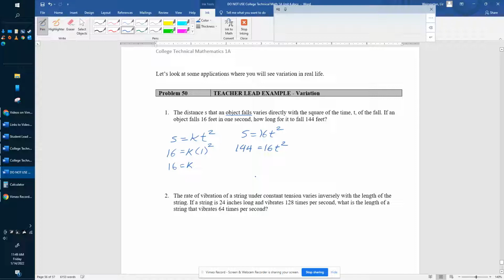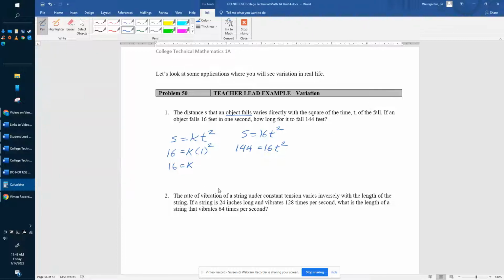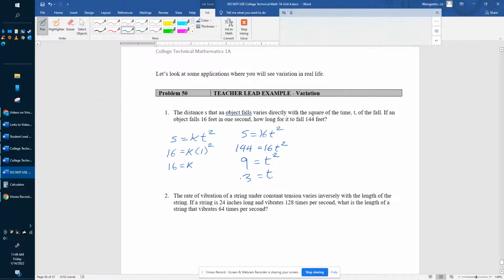We're looking for our time. 144 divided by 16 equals, so 9 equals t squared. Take the square root of both sides, 3 equals t. Don't worry about the negative 3, we can't go backwards in time. So the answer is going to be 3 seconds.